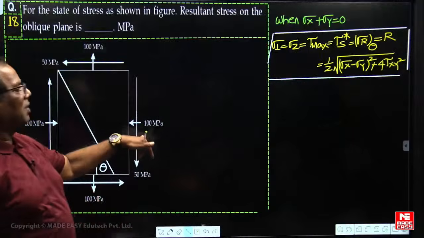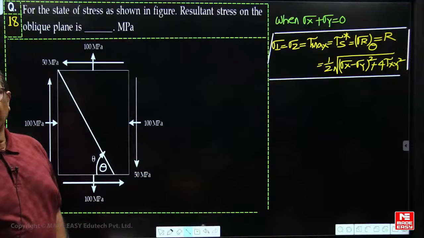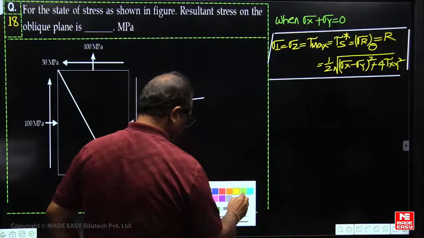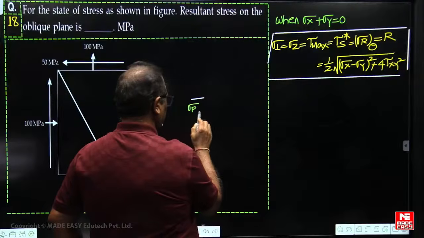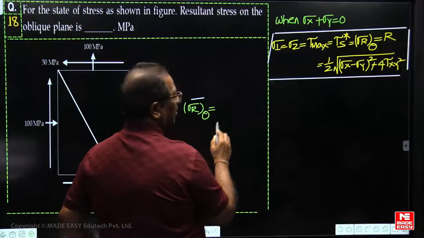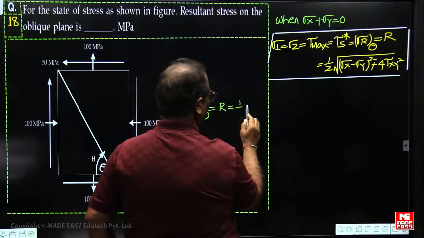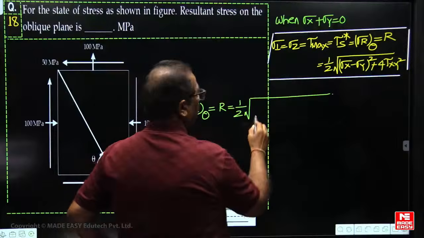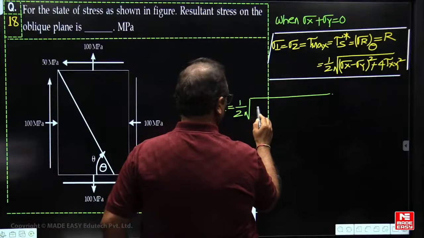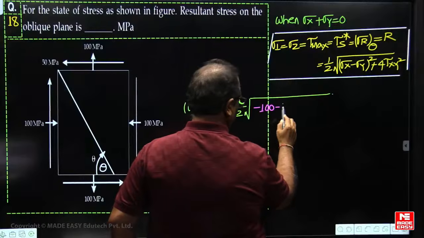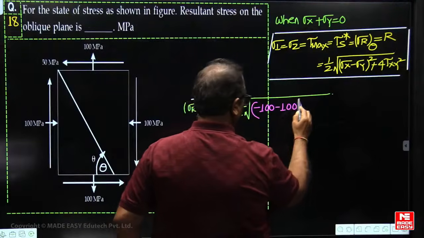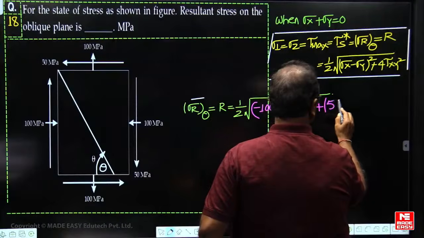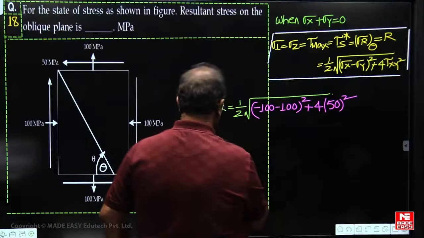So here sigma x plus sigma y is 0. So directly, the resultant stress is equal to the radius, which is 1 by 2 times the square root of (minus 100 minus 100) squared plus 4 tau xy squared, with tau xy equal to 50.